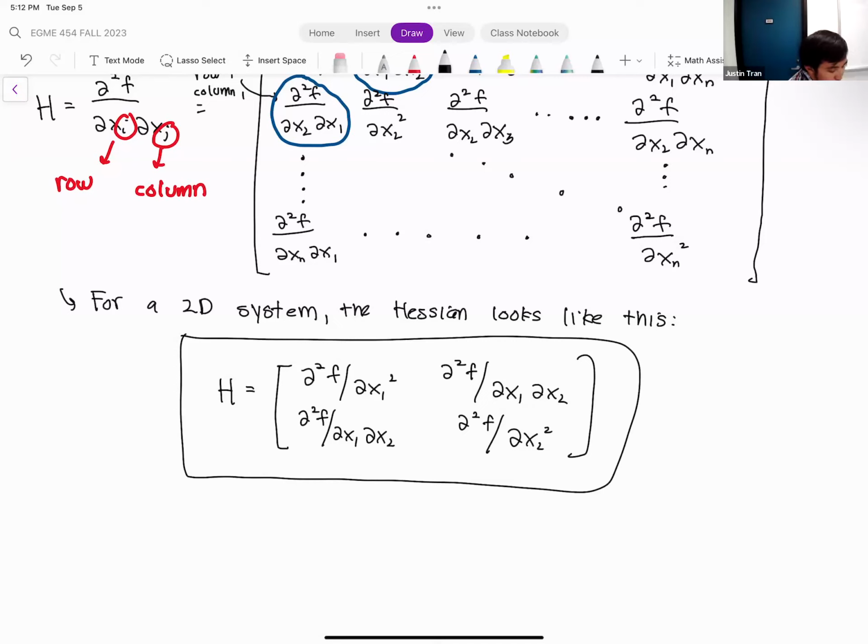And that's the one I'm going to use for the exam that we won't get to today, but we will on Thursday. Any questions on the Hessian matrix so far and how we compute it?